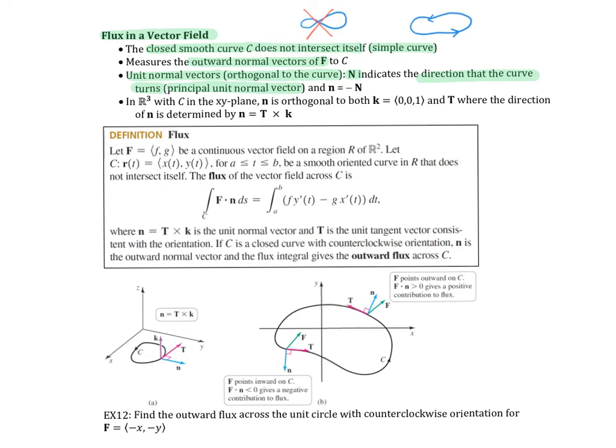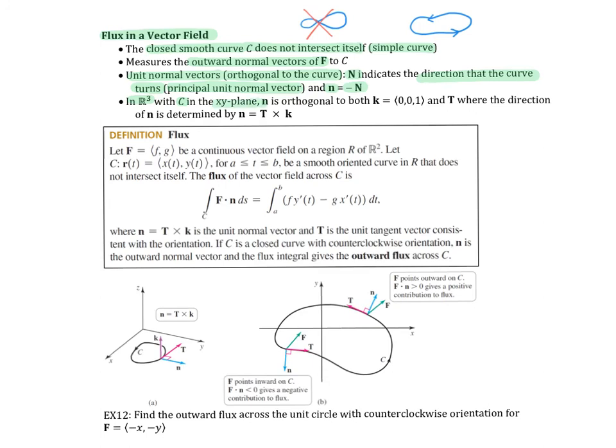So we're going to use this lowercase n, which would be the negative principal unit normal vector. So it's the normal vector in the opposite direction of the principal unit normal vector. Instead of going with the curve, it's going to go outward, and it's still a unit vector. In 3-dimensional space, the curve is still in the xy plane.